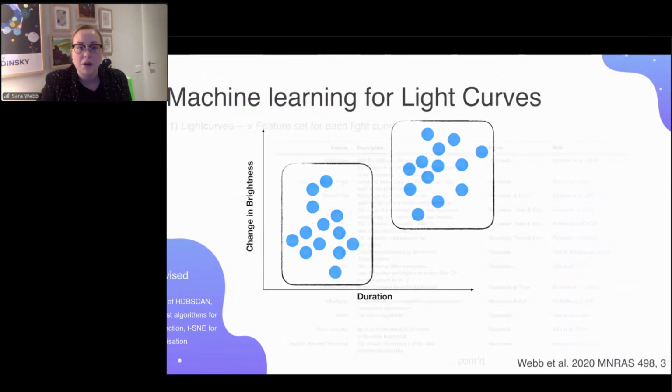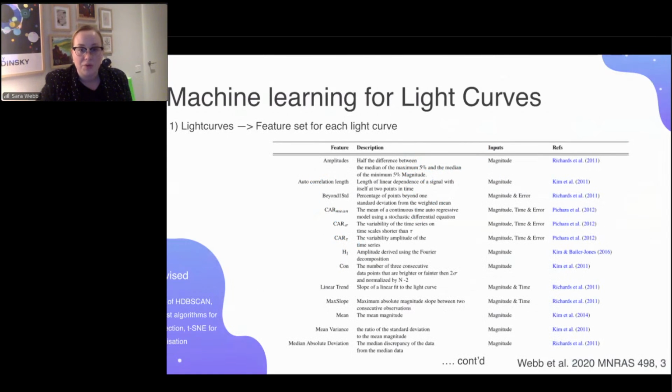And so the type of clustering that we chose to use, which I'll touch on a little bit, is hierarchical density-based clustering. And we used features that were not explicitly useful for any certain type of problem.